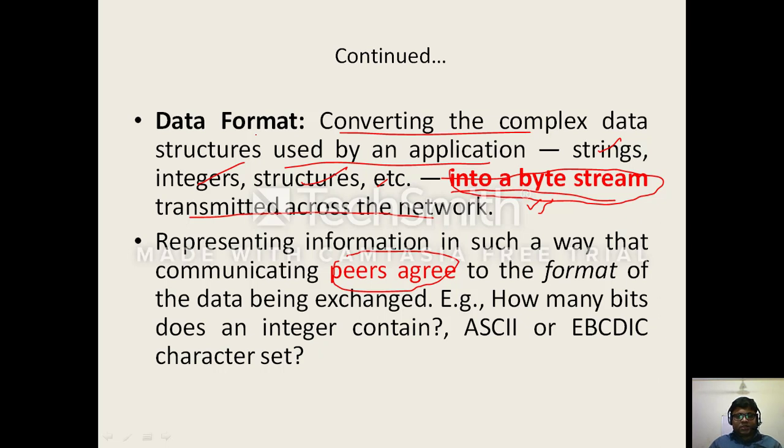If two communicating parties are there, then there must be some agreement between them. How many bits does an integer contain? What will the character set be, whether it will be ASCII or EBCDIC character set? There must be some agreement between communicating parties.